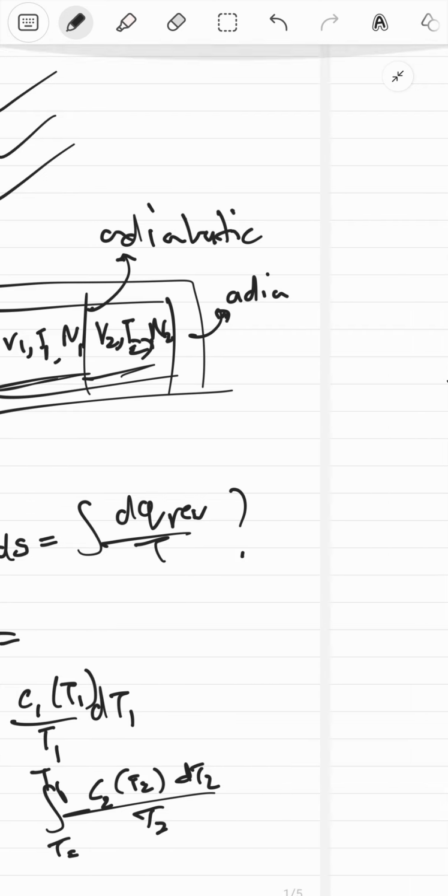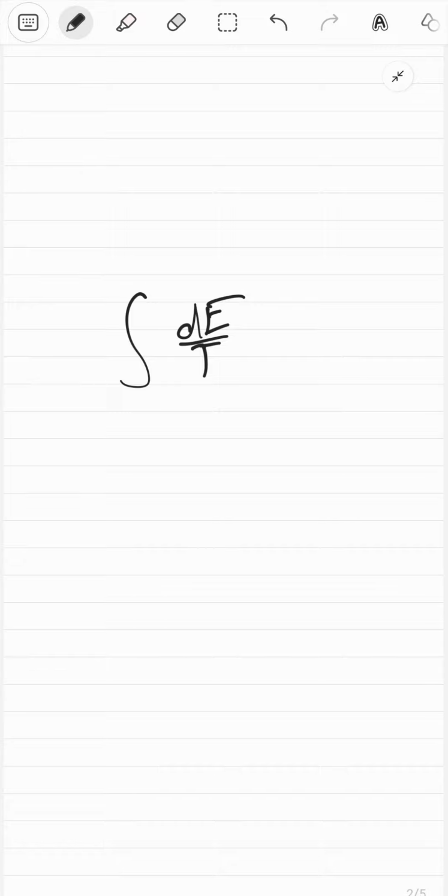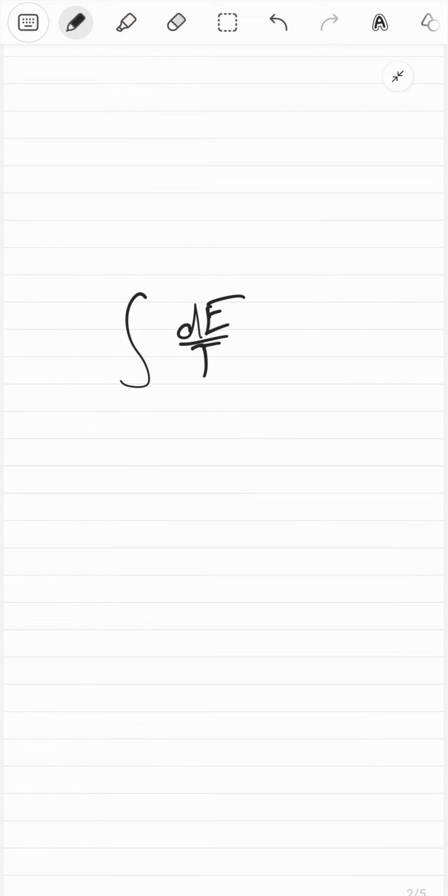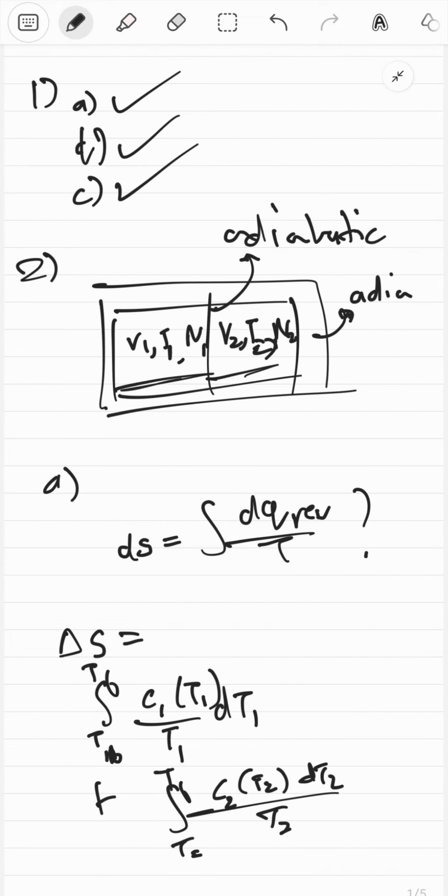Yeah, and oh, okay, I get it. I really just get it. In this particular case, although it's not a reversible process, you can sort of write this. Wow, I was not expecting this.